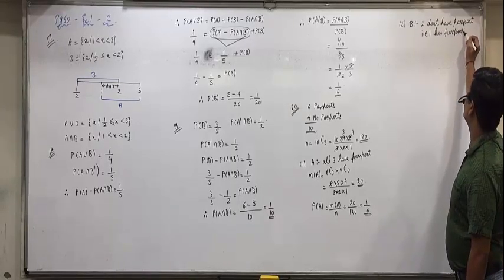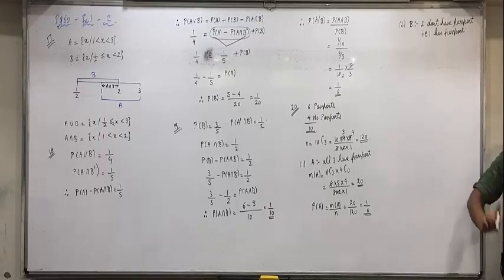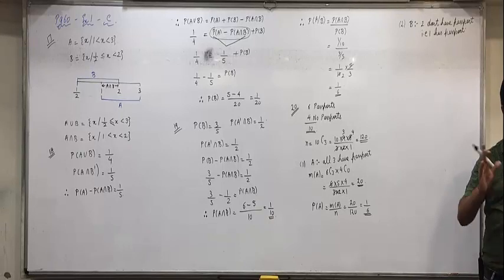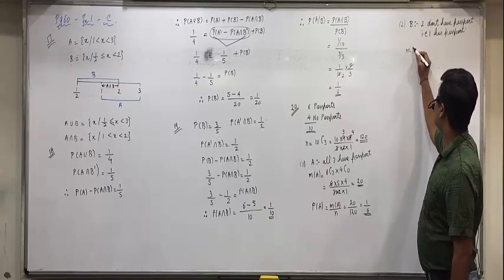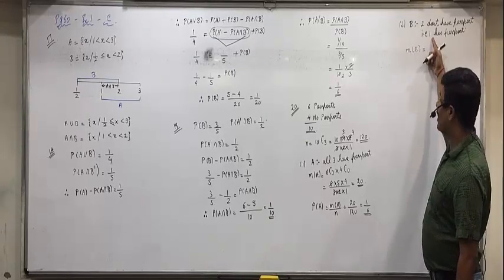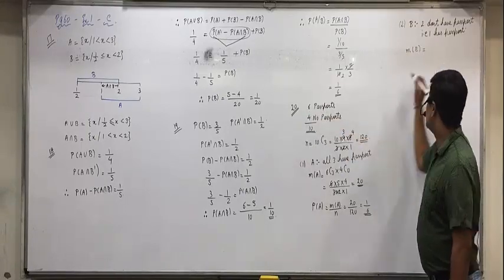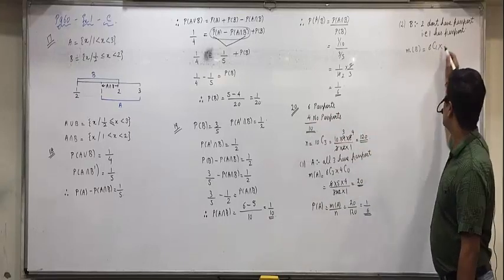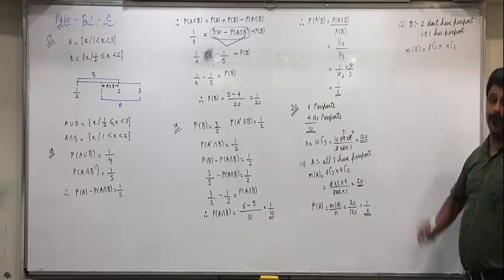Mention that also. 3 people are selected. So if they say 2 do not have passport, it means 1 has the passport. So how would you find n of event B? 1 has the passport, 6C1, and 'and' means multiplication. 2 do not have the passport, 4C2.